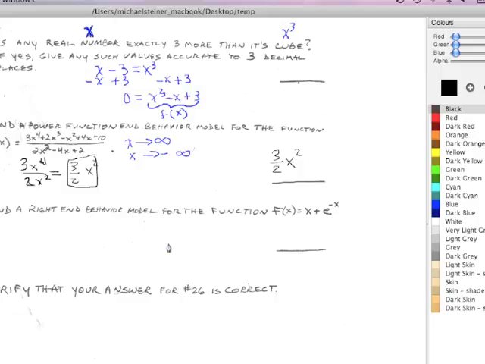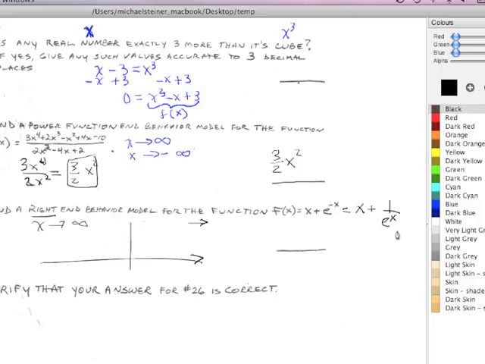Find a right end behavior model for the function. Right end is as x goes to infinity, right? So as we shoot out to the right, because we're talking about the right end model, x is going to infinity. Remember, e to the minus x, e is just a number, 2.71 something. This is equal to x plus 1 over e to the x.